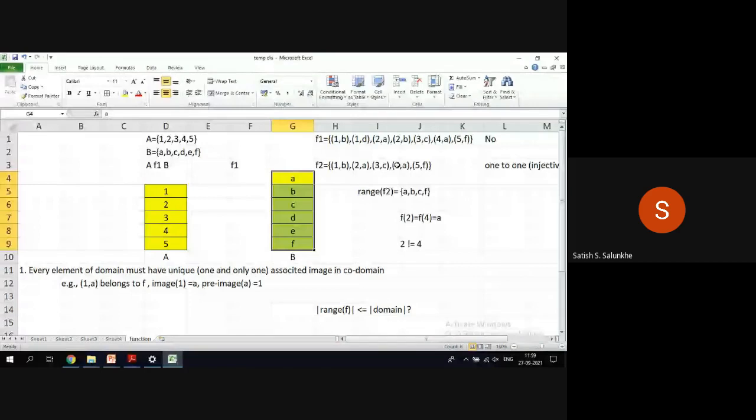I think there is some problem. Let me understand what exactly is the difficulty you are facing. I will repeat to the best of my level. Since it is 12, I need to wrap up quickly. You look at this function f2. Is element A belonging to the codomain having any pre-image? Yes or no?